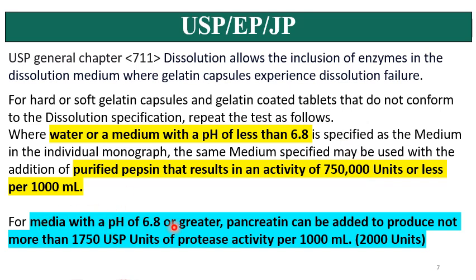For media with pH of 6.8 or greater, pancreatin may be added to produce not more than 1750 USP units of protease activity per 1000 ml, that is 1 liter. Now, with the stimuli article, the limit is increased up to 2000 units.